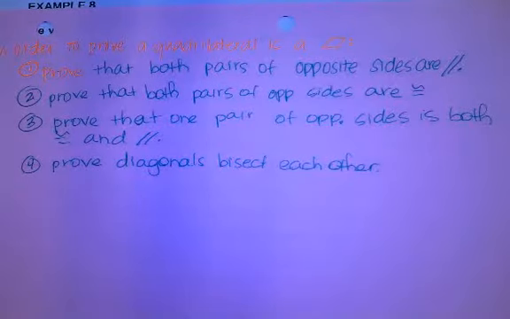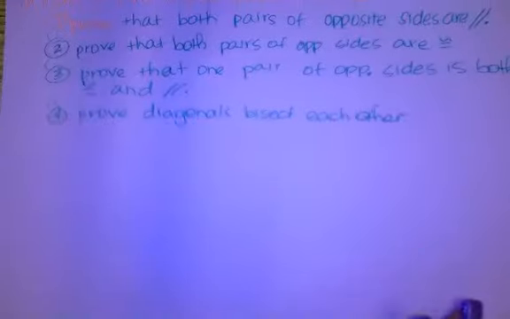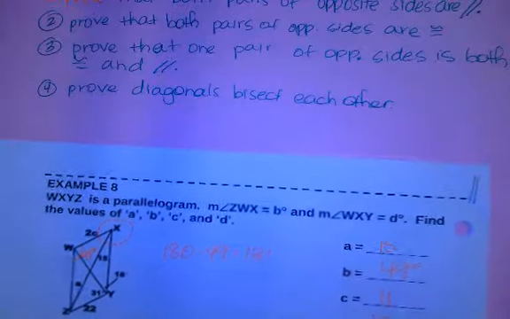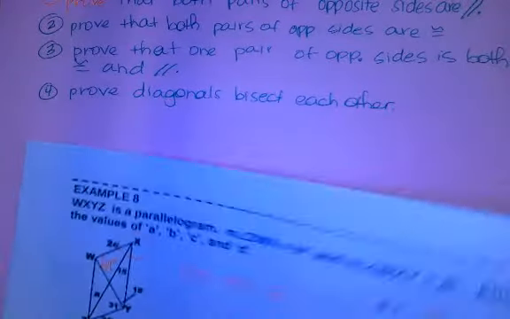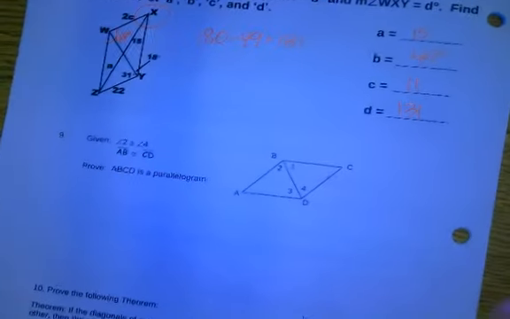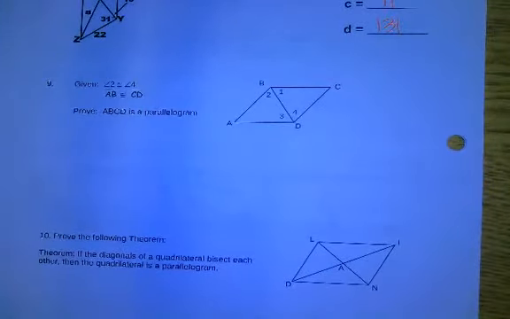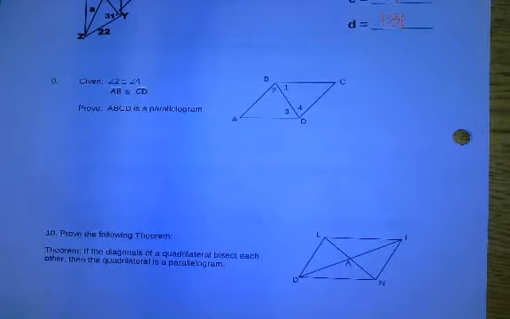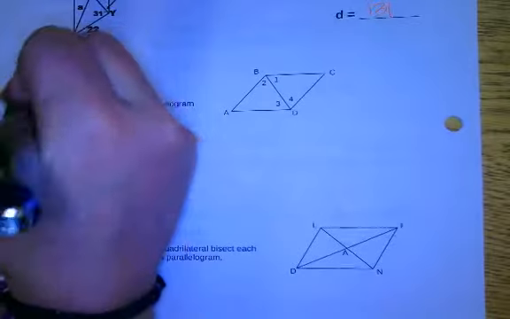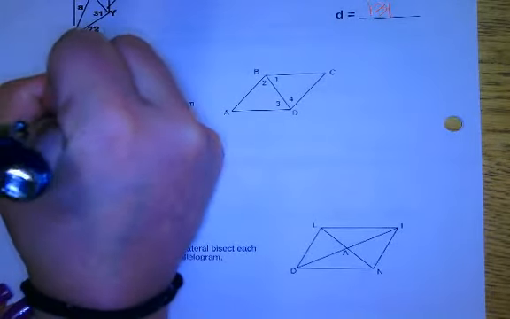Once you have all those written down, just put them to the side so that you can reference them when we're doing the proof. Okay. Proof number 1. Given angle 2 is congruent to angle 4 and AB is congruent to CD, prove that this is a parallelogram. We have statements on the left, reasons on the right.